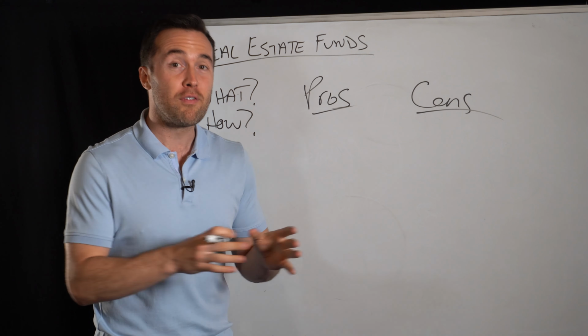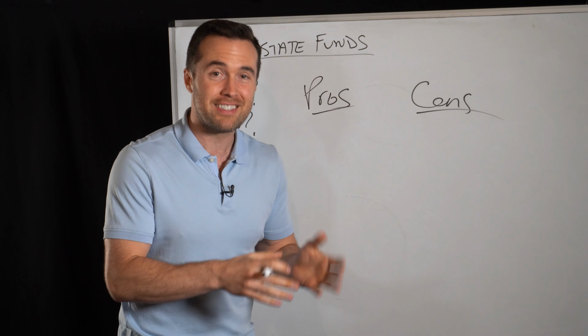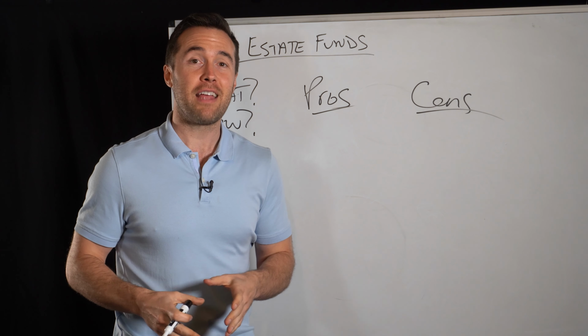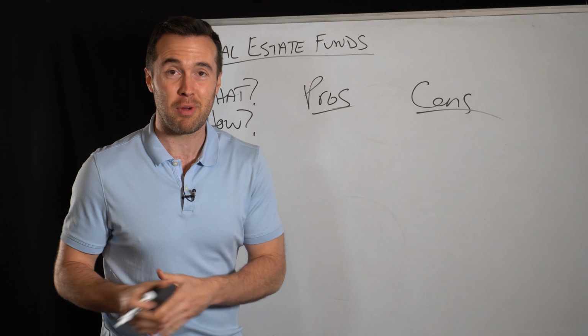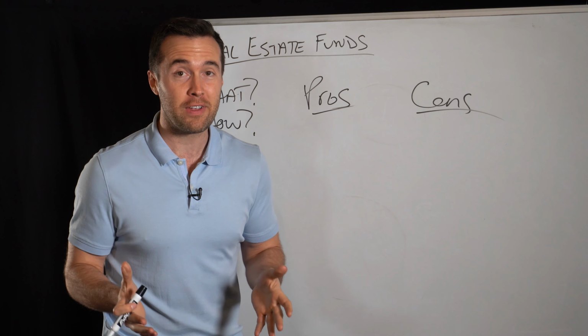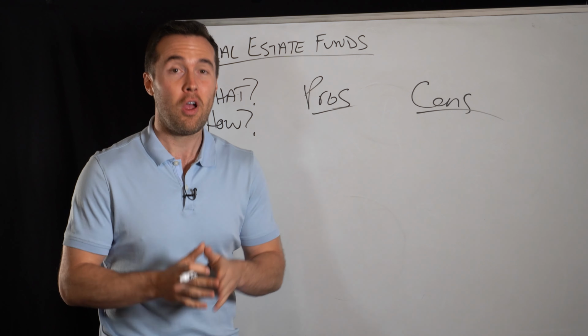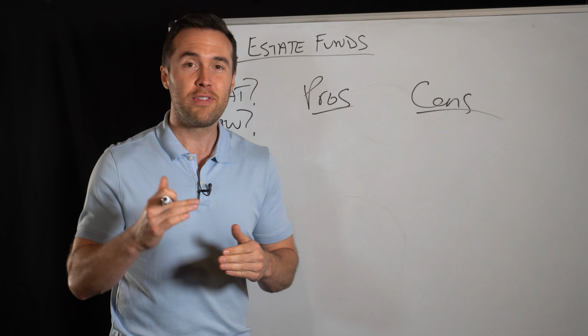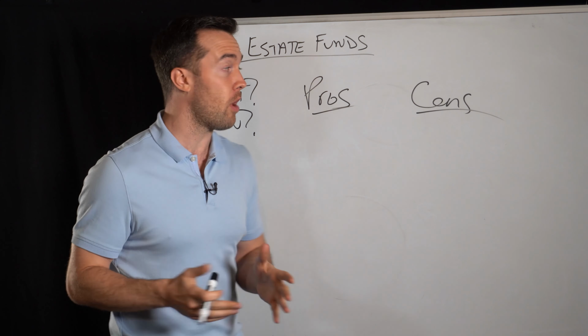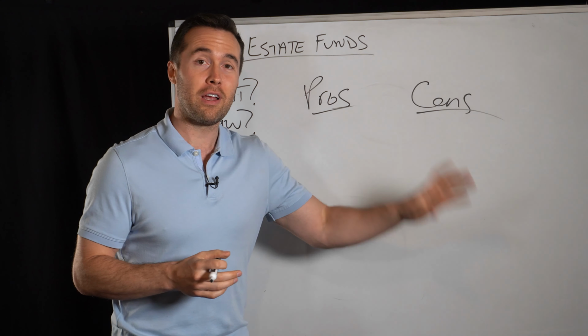So it is a different way of doing things if you're used to investing in syndications, and it all comes back down to what works best for you. How much control do you want over exactly where your money goes? How much diversification are you looking for? All of these things go into determining whether or not a fund is best for you or a syndication.